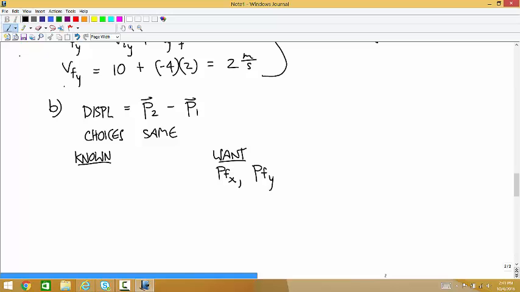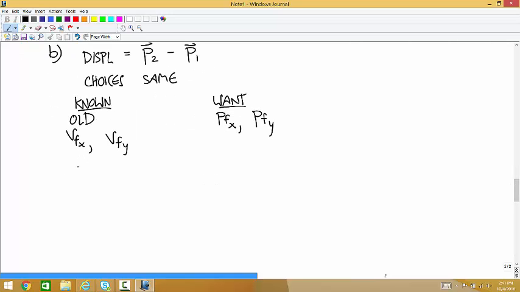And we do know one more thing: we know all the old stuff, and we also know VFX and VFY. I don't think those are going to come up. So first, to calculate PFX, we can use this equation.